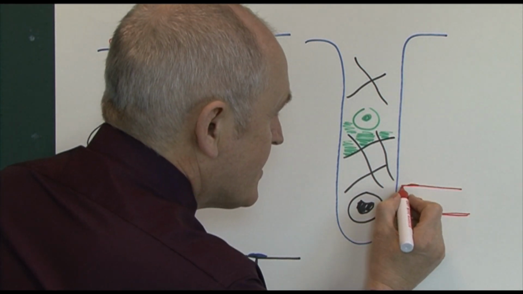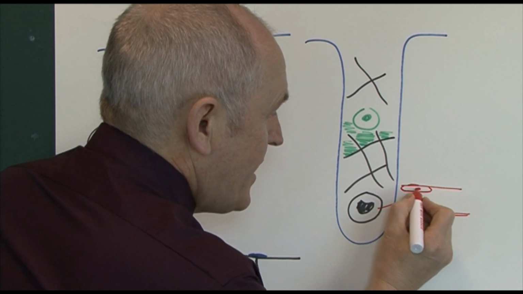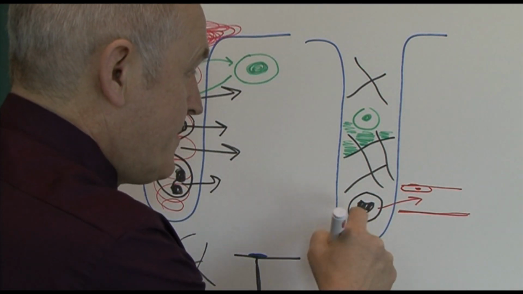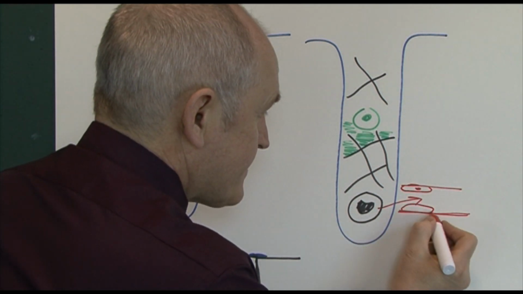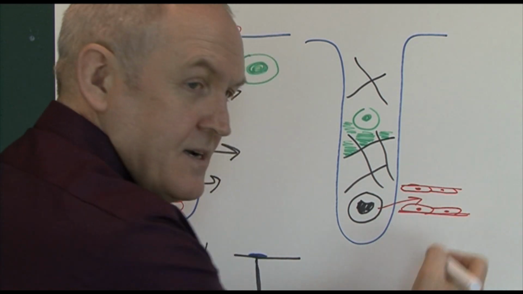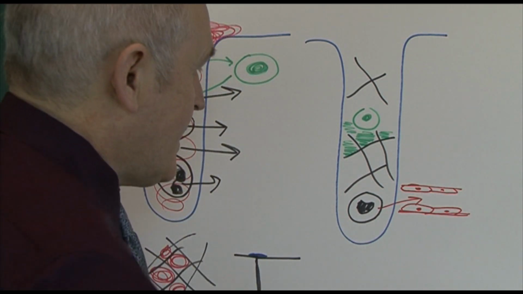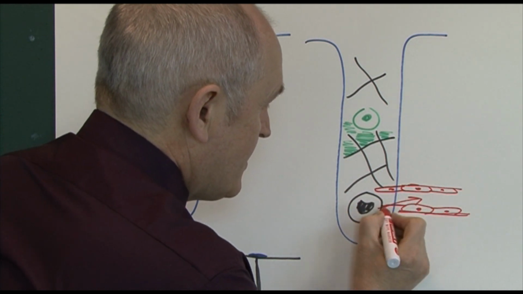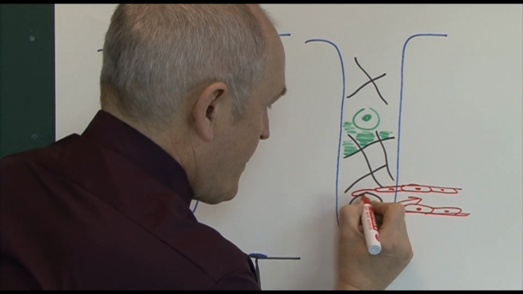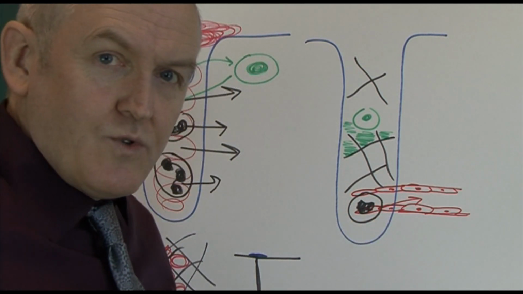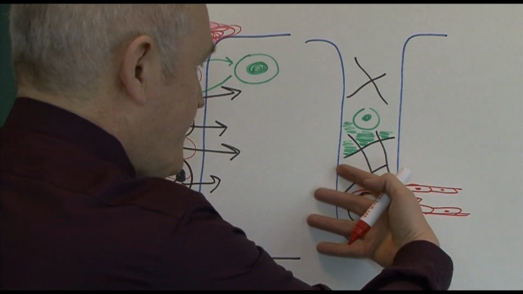So these cytokine-based growth factors produced by the macrophages are going to affect the adjacent capillaries, and they're going to cause the adjacent capillaries to grow into the wound. So new capillaries will start growing into the wound.